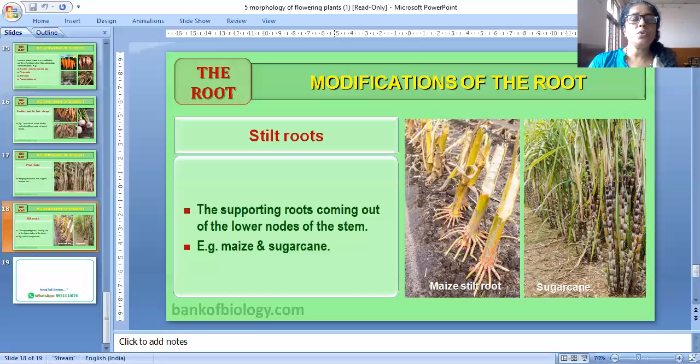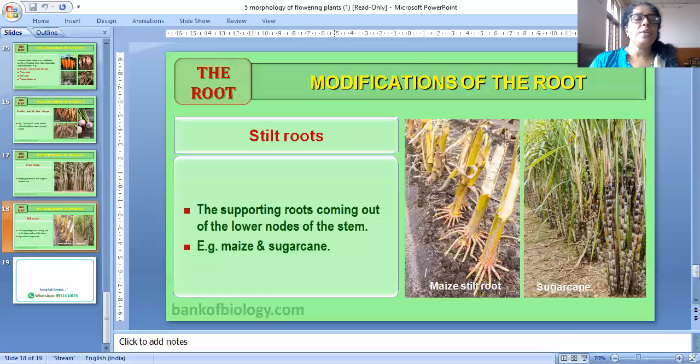If more than two leaves arise at a node, then it is called whorled. So phyllotaxy, all of you understood. Three types are there.